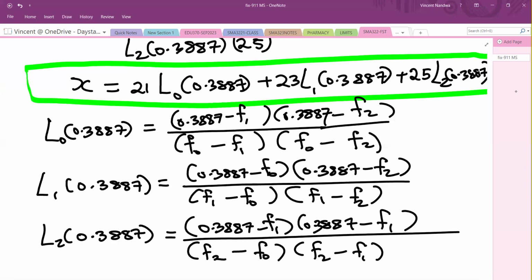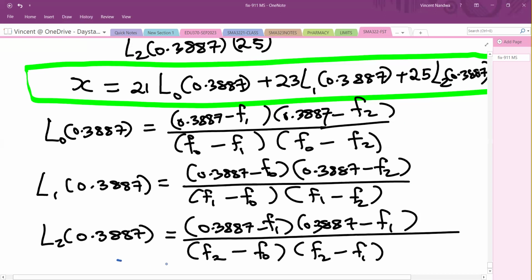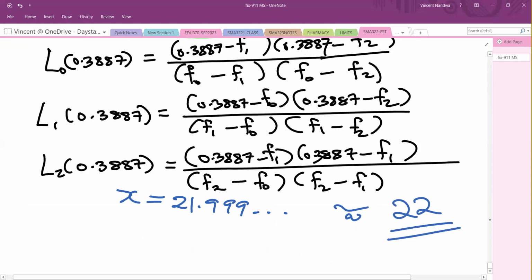And you should work it out. When you do the correct computation, you'll find x is roughly 21.999 and some decimals, so roughly 22. Confirm that.